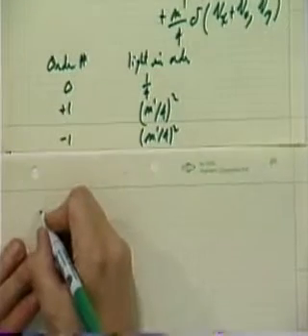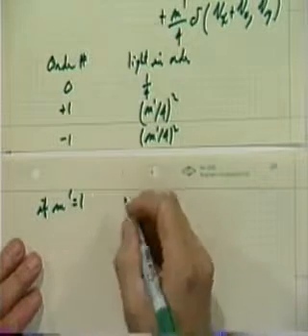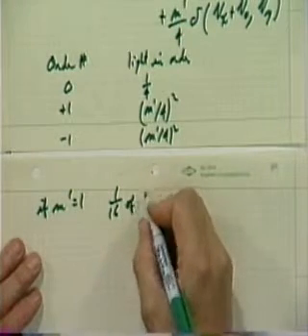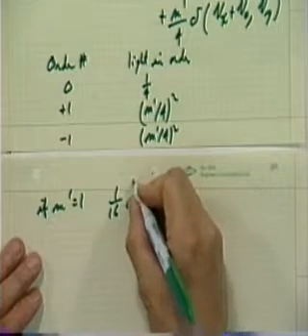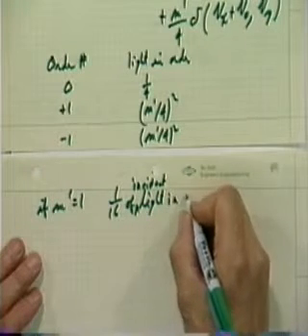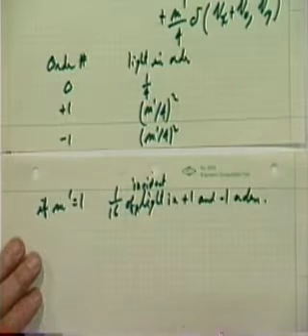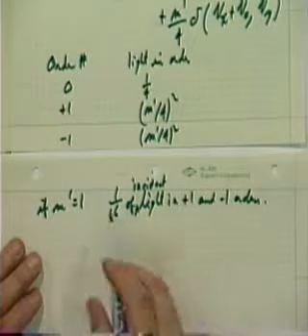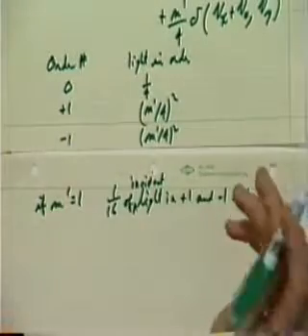So if m prime is 1, 1/16 of the incident light is in the plus 1 and minus 1 orders. We get 1/16 of the light in a given order, and we have only three orders: a 0 order and then plus 1 and minus 1.